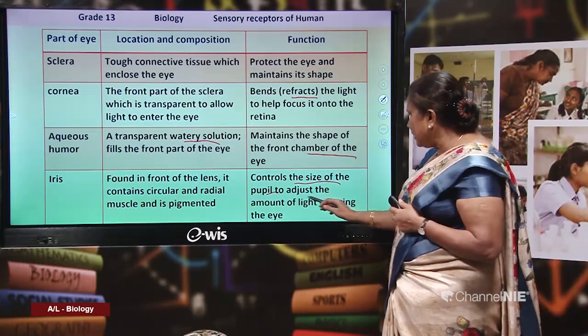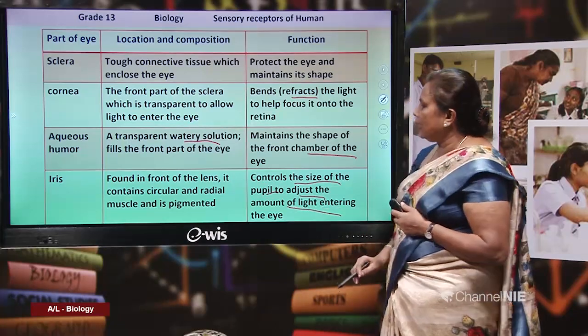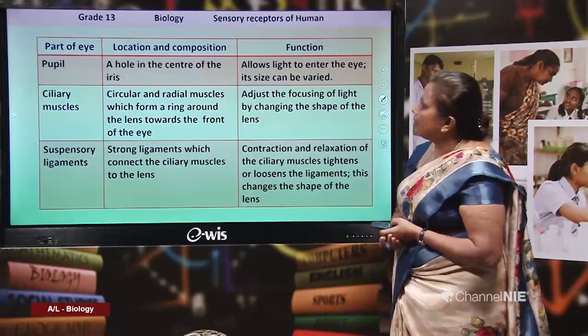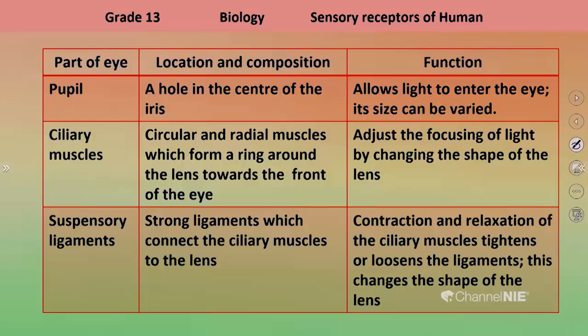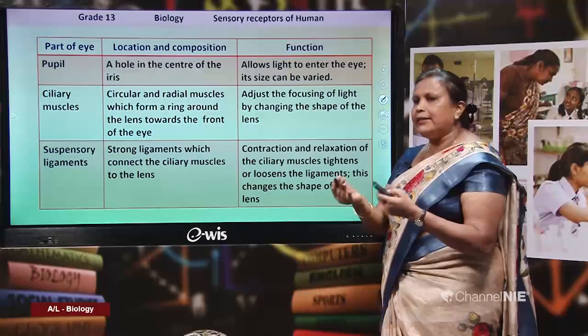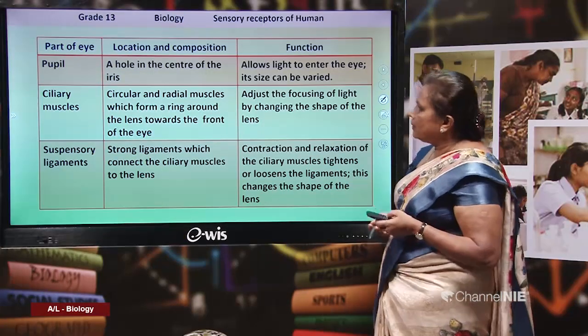So it adjusts the amount of light entering the eye. Then we move to the pupil. It's a hole present in the iris. The hole in the center of the iris allows light to enter the eye. Its size can be changed according to the amount of light in the environment.